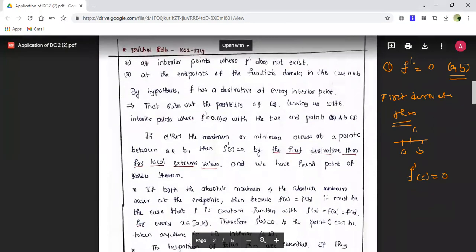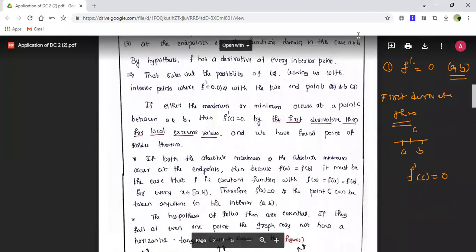So clearly, we are assuming that the absolute maximum and minimum are achieved, so there is a point C in the open interval AB such that f dash is equal to 0. It's a direct proof using the first derivative theorem. And we found one of the points we wanted. So f dash of c equal to 0 is the proof of Rolle's theorem in the first case.